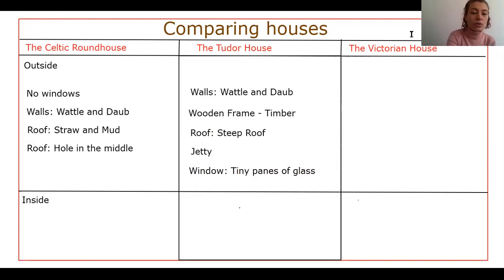And let's go now to the Victorian house. Victorian house. The first thing that I have here, the gable. So the gable, it was in the roof. So I have here roof, gable, and the gingerbread details.